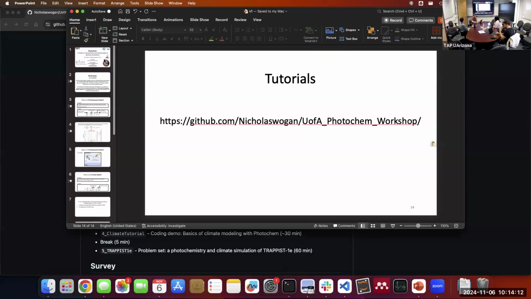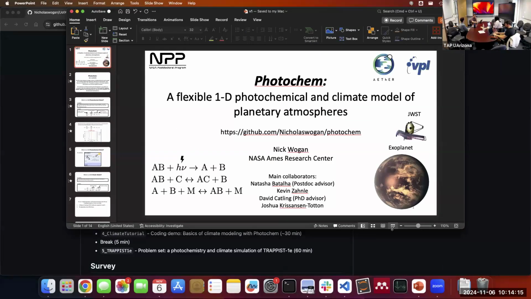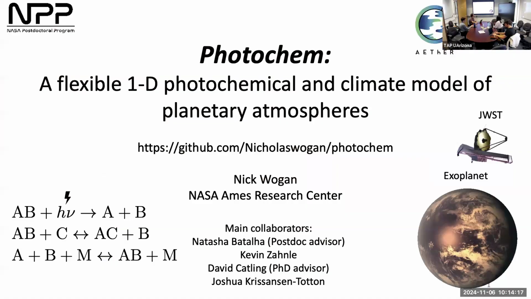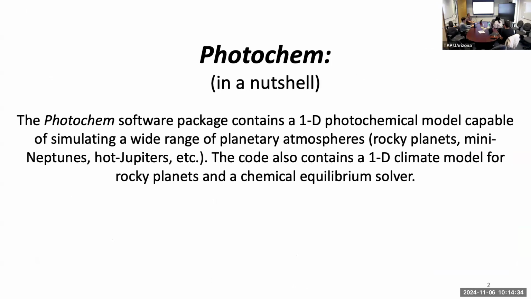Okay, so the model that we're going to talk about today is called PhotoChem. It's a flexible 1D photochemical climate model for planetary atmospheres. So what is this model?